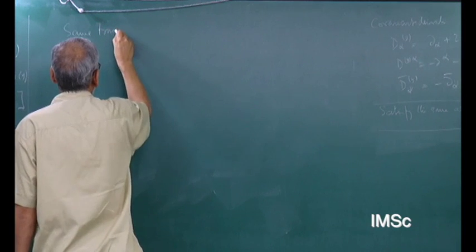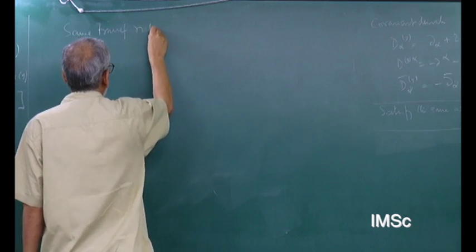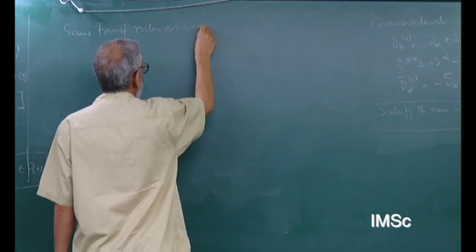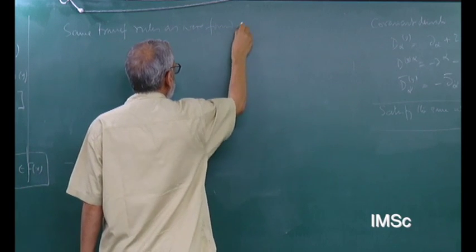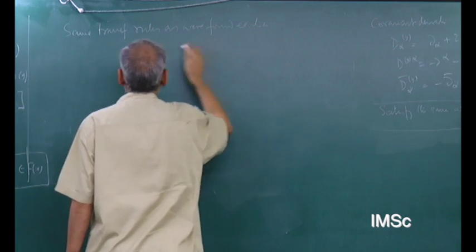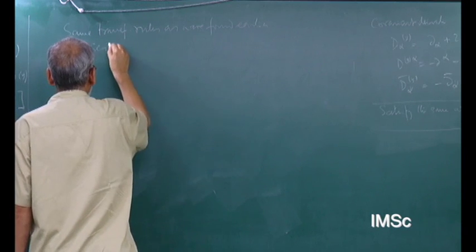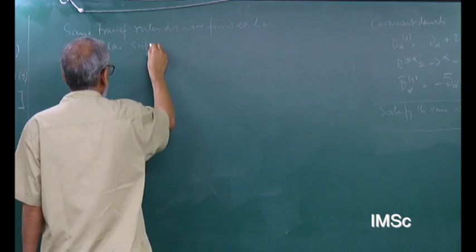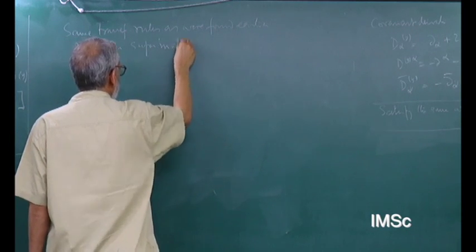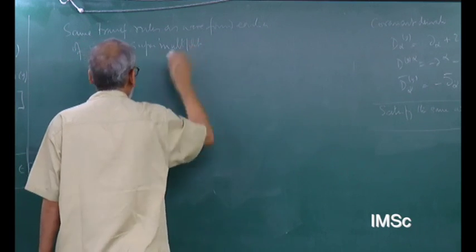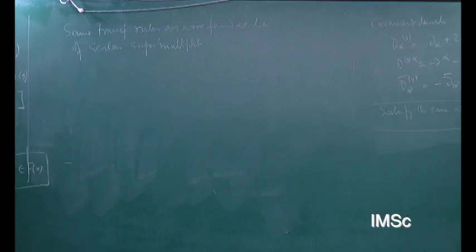Same transformation rules as were found earlier for the scalar supermultiplet or chiral supermultiplet. There's a root 2 also somewhere hanging here. Epsilon has a root 2 also here.